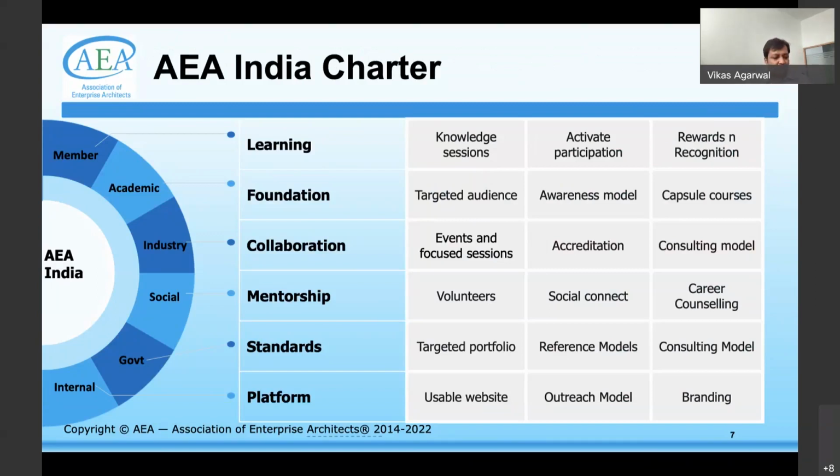Yeah, so based on this exercise, we found there are multiple themes on which we need to drive this initiative, along with learning: foundation, collaboration. So as a part of AE India, we have a management committee, and we are also adding a few more members to make it more vibrant and more widespread.